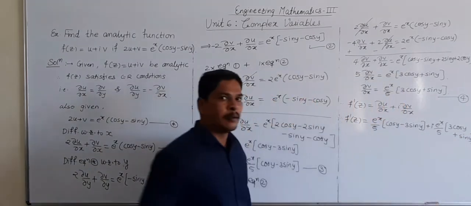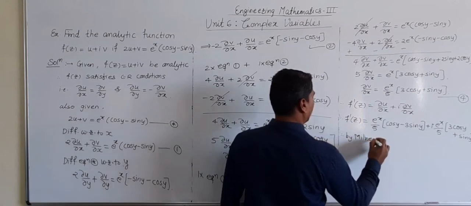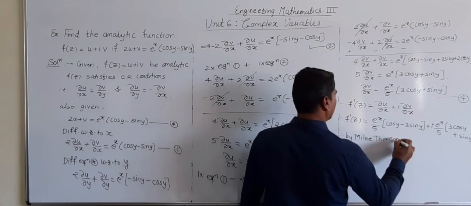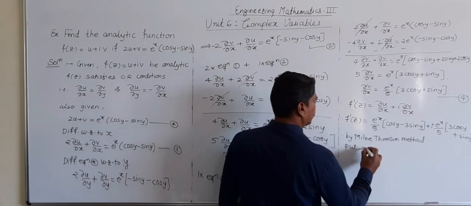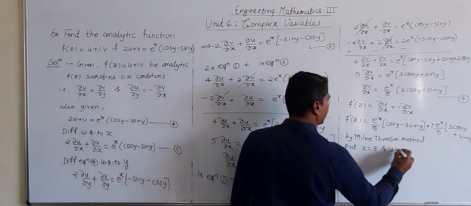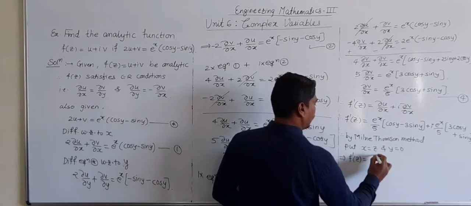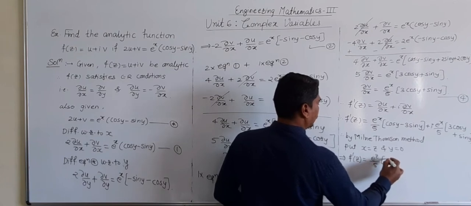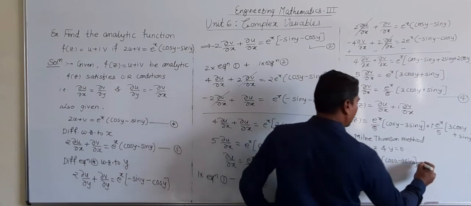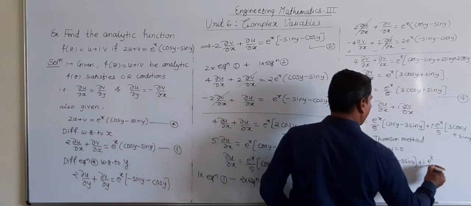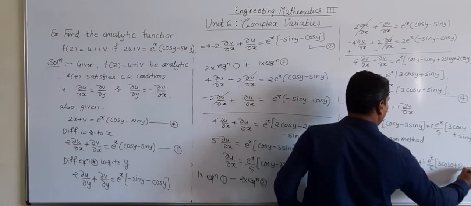And now apply Milne-Thomson's method. Therefore, by Milne-Thomson method, put x equal to z and y equal to 0. So this implies f'(z) is equal to e^z/5 (cos 0 − 3 sin 0) + i e^z/5 (3 cos 0 + sin 0).